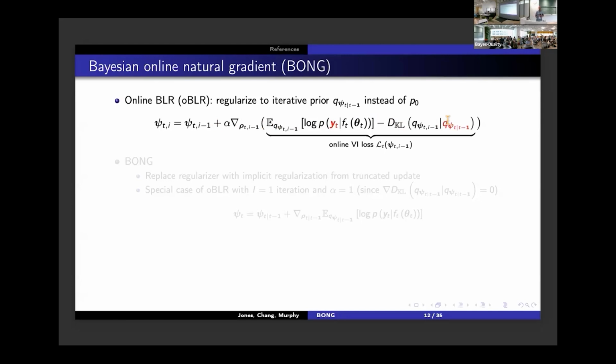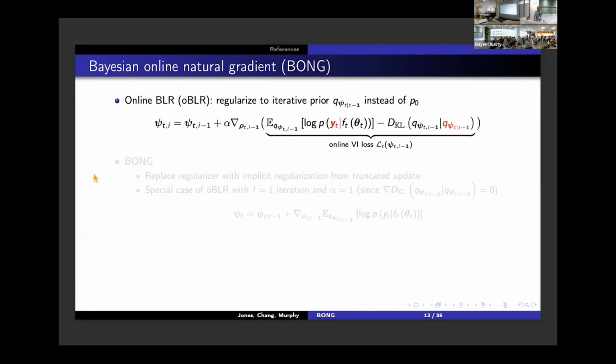So you have a fit term and you have a regularization to the prior. And what we do is natural gradient descent on that loss and use that to update the natural parameters of the belief state.